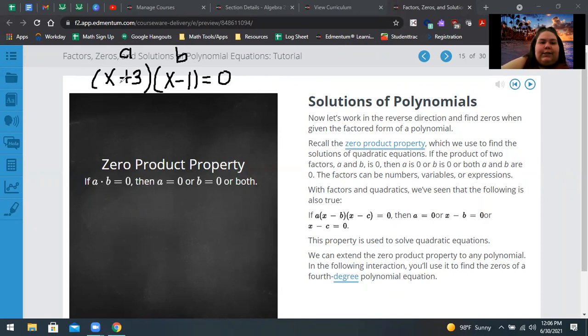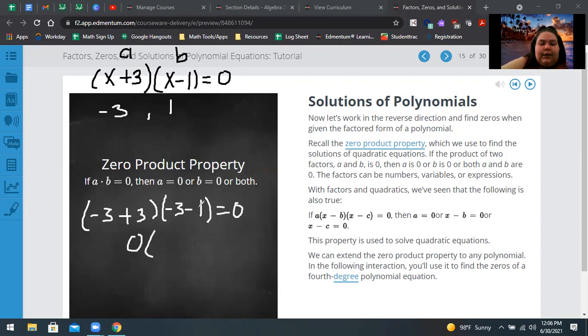So here, if we take the zeros from there, which are -3 and +1, if x is equal to -3, you get -3 plus 3 times -3 minus 1. Is that going to equal 0? Is this zero product property true? So -3 plus 3 is 0 times -3 minus 1, which is -4. 0 times -4 is still 0. It works. Checks out.